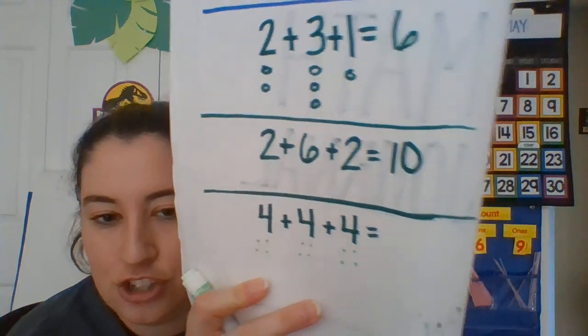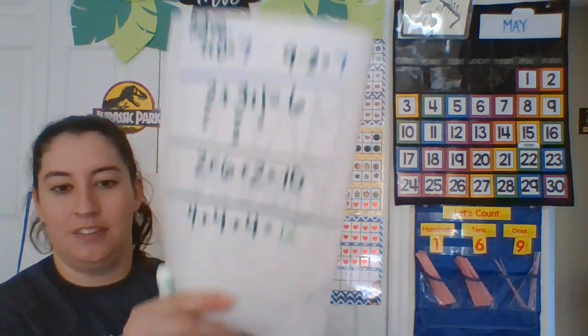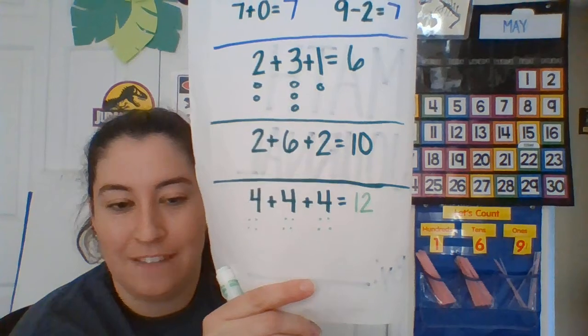So Mrs. Arnold's going to draw a picture because she doesn't have enough fingers for that. 1, 2, 3, 4. 1, 2, 3, 4. 1, 2, 3, 4. And I'm going to count up my dots. And I should have 12. Our answer is 12. You got 12, fantastic job.